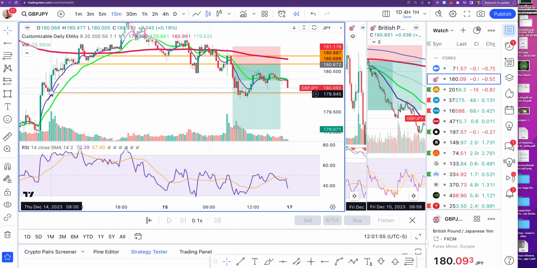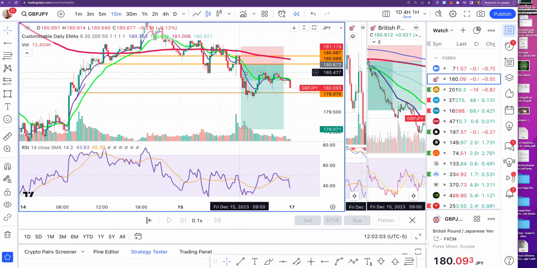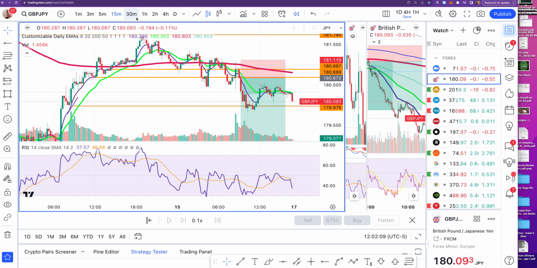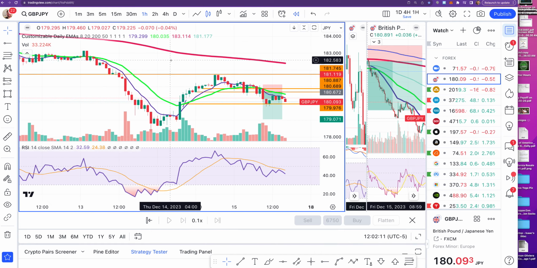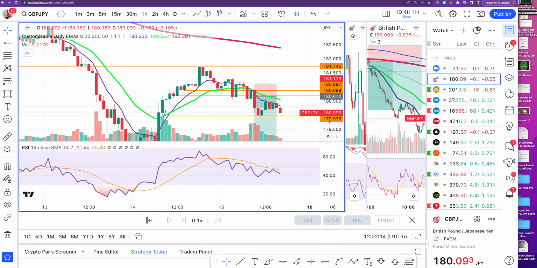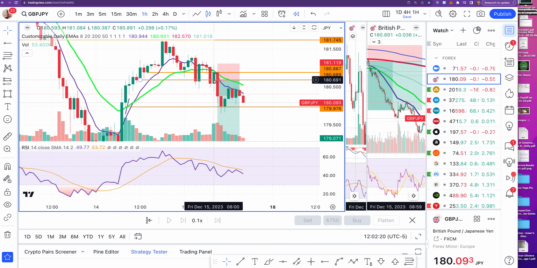Use support pivots on the way up as resistance pivots on the way down. Use the 1 hour pivots for the major moves. And if you've got news at 8:30 right here, wait for the top of the hour for the next pivot.